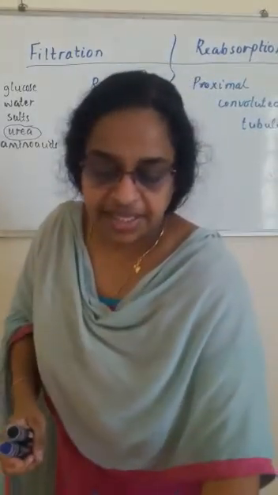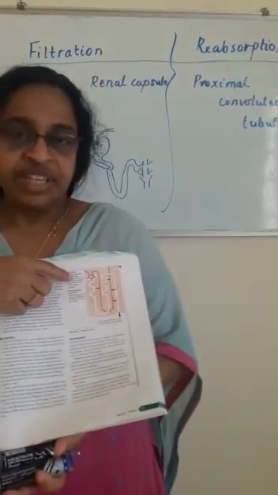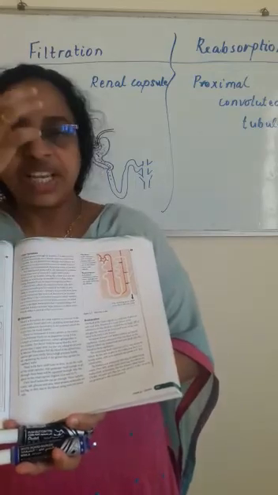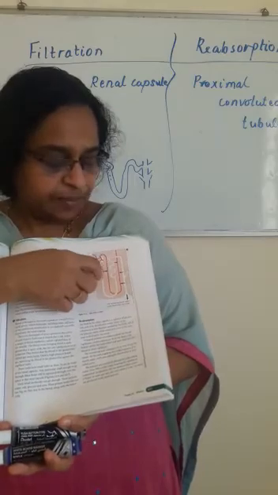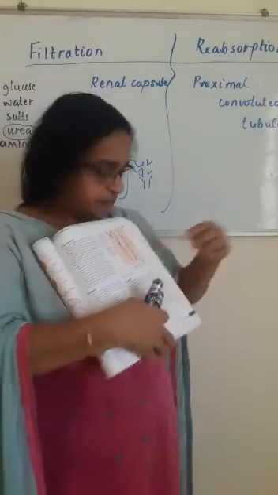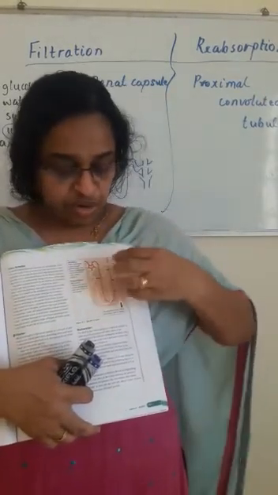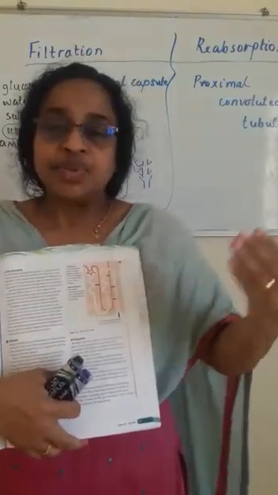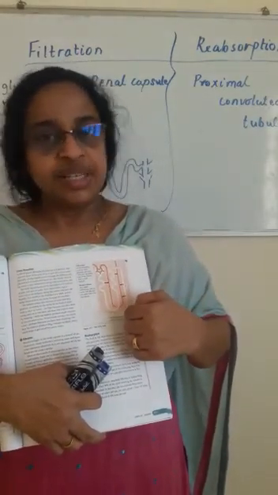You can see it on page 157. You can see here filtration, and here reabsorption. You can see that mostly water is reabsorbed in the collecting duct. Mostly we say these smaller molecules are reabsorbed back into the blood in the proximal convoluted tubule, but the other things, especially water, can be reabsorbed back into the blood till the collecting duct.